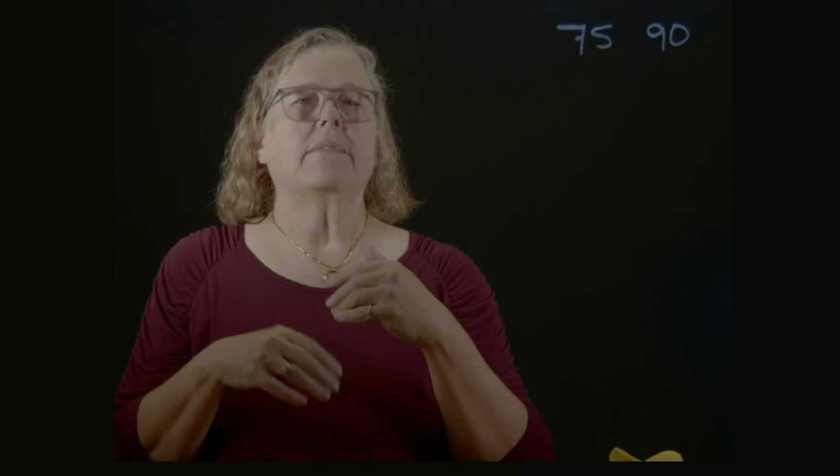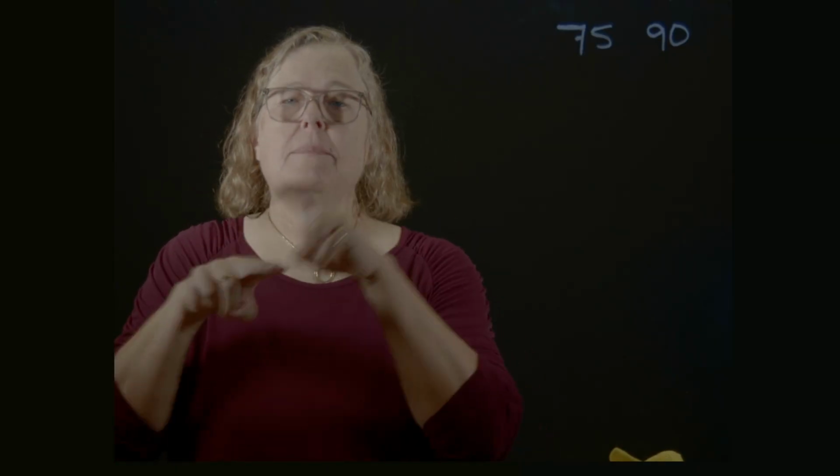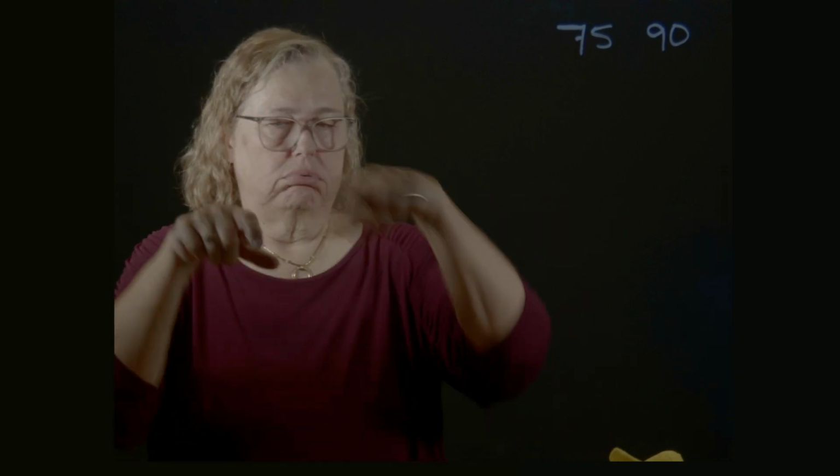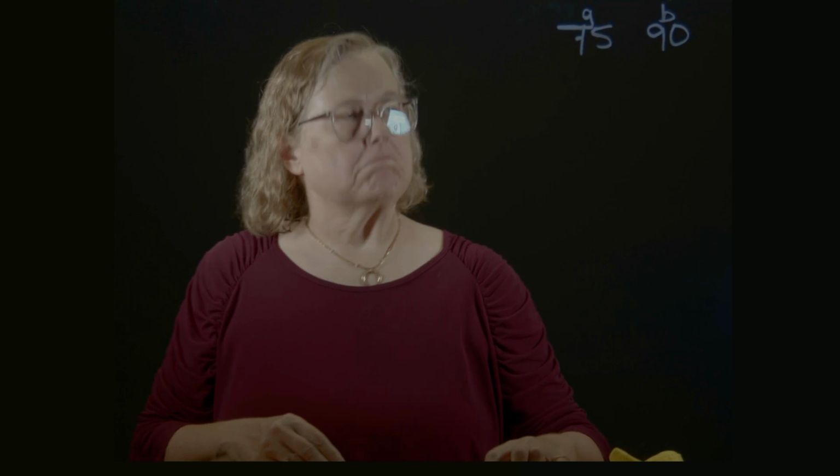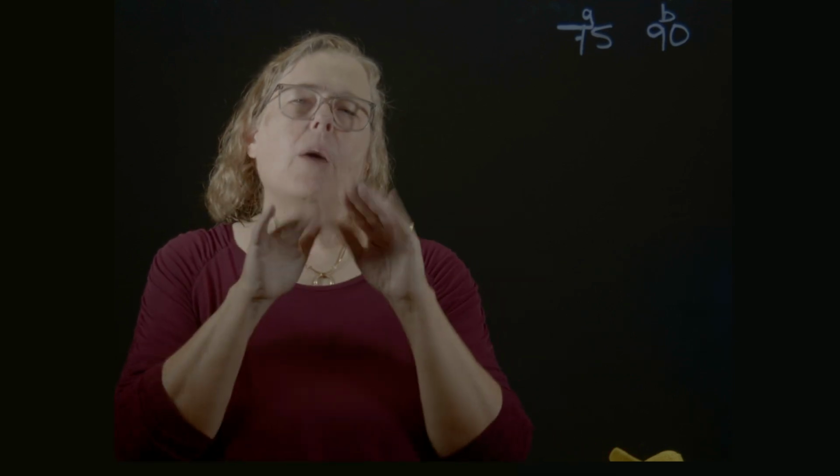What if we have some students and we want them to sit down in their chairs, right? We're going to put them in rows. But I need each row to have an equal number of boys and girls. So if I have 75 girls and 90 boys, how do I figure that out?